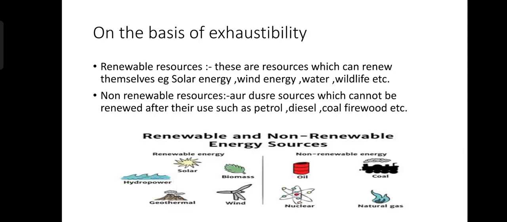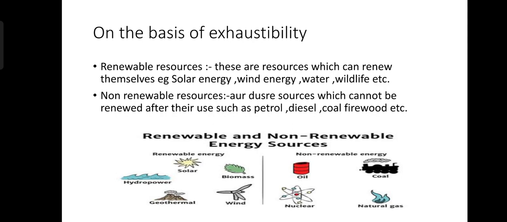Now, the next division of resources is on the basis of exhaustibility. By looking at the given figures or diagrams, students will be able to understand various types of renewable and non-renewable resources.